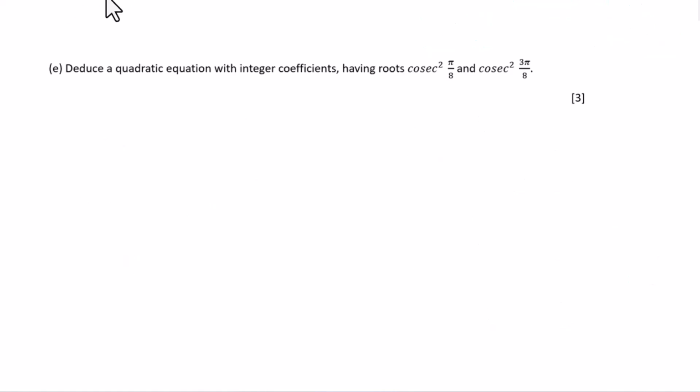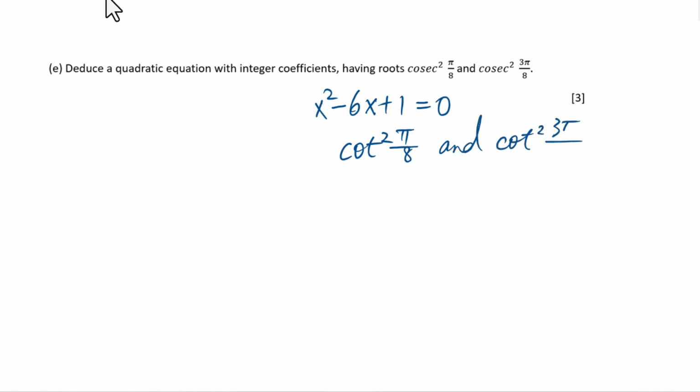Let's go to E. Deduce a quadratic equation with integer coefficients having roots cosecant squared pi over 8 and cosecant squared 3 pi over 8. We do know for x squared minus 6x plus 1 equals 0, cotangent squared pi over 8 and cotangent squared 3 pi over 8 are the solutions.